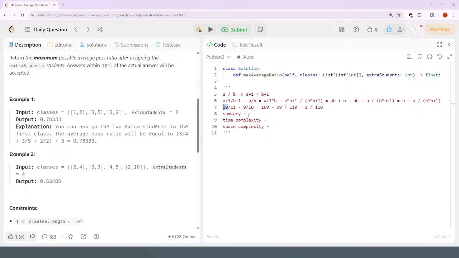The denominator should be B times B plus 1, so that'd be 11 times 12. No, whoops, no. A is 9, B is 10. Okay. Yeah, so this is B minus A, 10 minus 9.